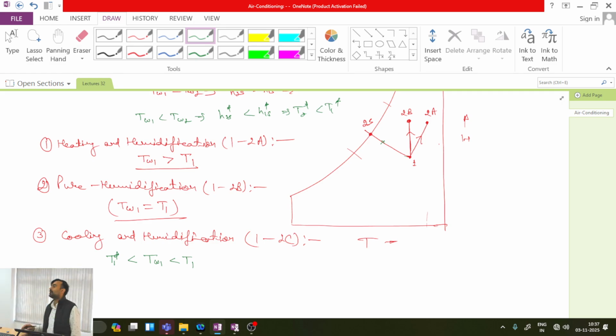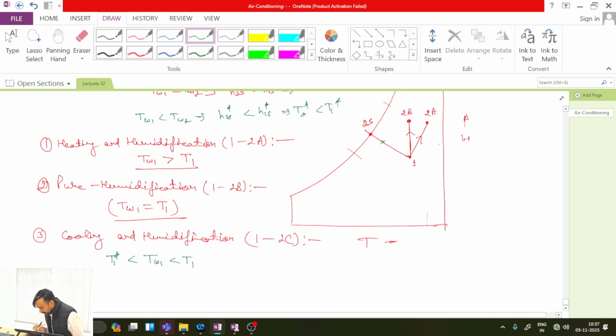In this scenario, what will happen? Of course, because the dry bulb temperature is greater than the water temperature, air can supply heat to water, so cooling will happen. And the wet bulb temperature, which leads to the adiabatic saturation condition, is less than the water temperature, so moisture can also come in.